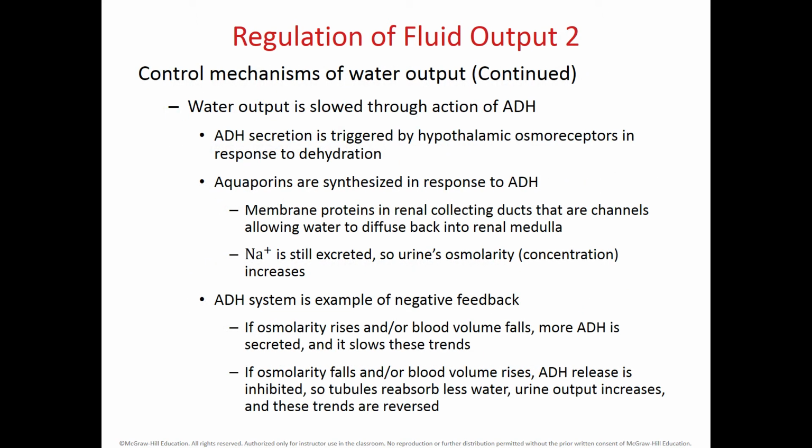Now one mechanism that helps to prevent water loss in the kidneys is the secretion of ADH, or antidiuretic hormone. Whenever you have a high concentration of solutes in your blood, your osmoreceptors will be activated, and in order to decrease this osmolarity and bring it back to normal, you will secrete ADH.